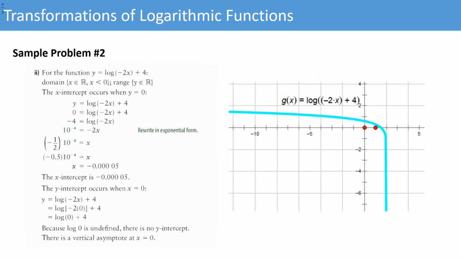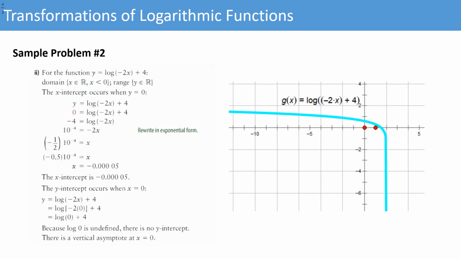Next question. For the function y equals log(negative 2x) plus 4, what are the characteristics? The domain is x an element of the real numbers, and x is less than 0. The range, y is an element of the real numbers. The x-intercept occurs when y is equal to 0.